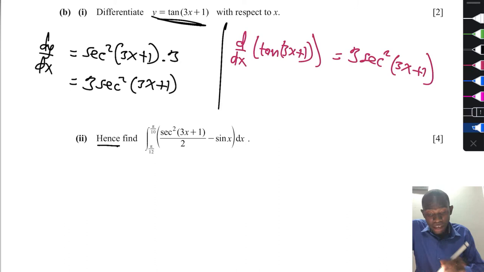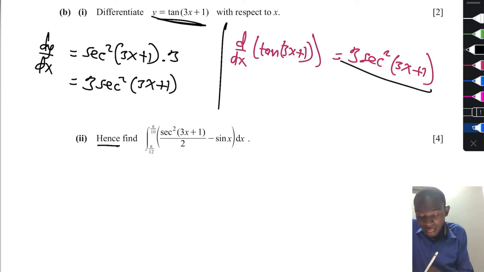Now, if you come back to this question, they want you to differentiate sec square (3x plus 1). So I can divide through by 3, because this 3 that you see here is not there in what we want.